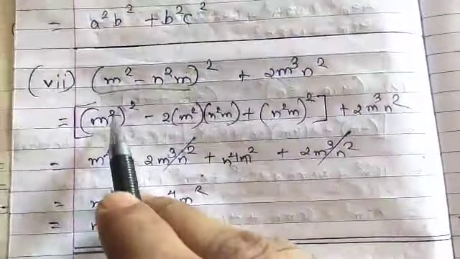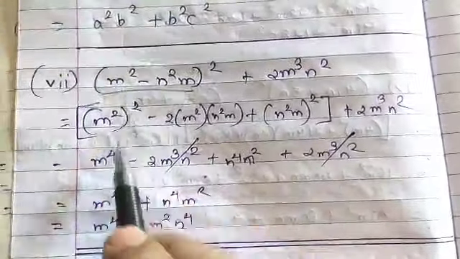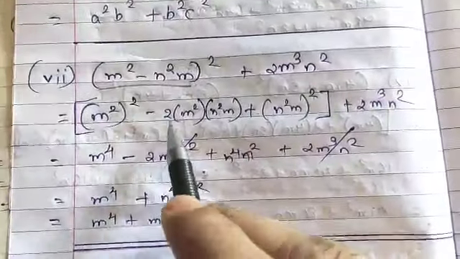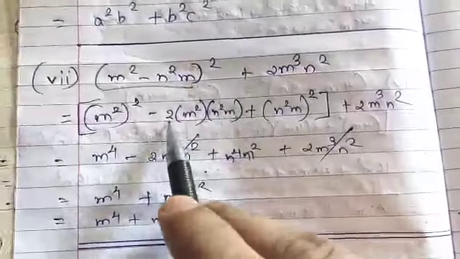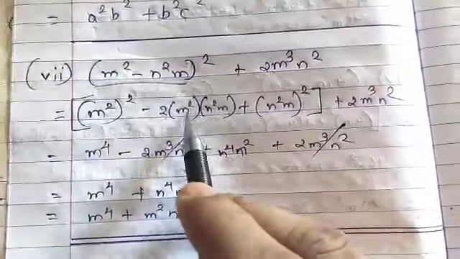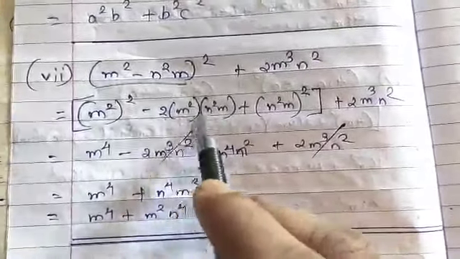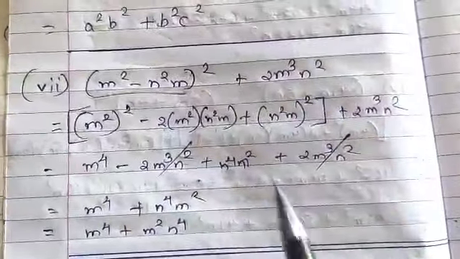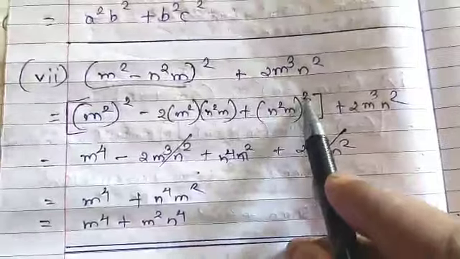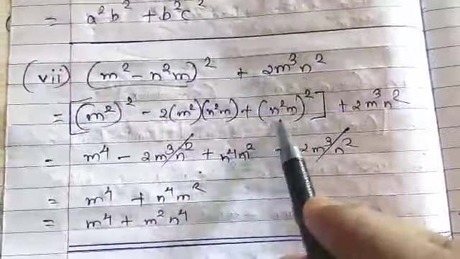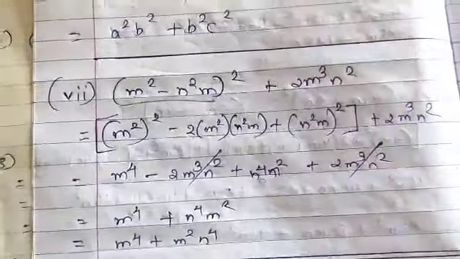Now (m²)² is m to the power 4, 2 × m² × n²m gives 2m² times m becomes m³ and n² as it is. Then (n²m)² equals n² becomes n⁴ and m becomes m².